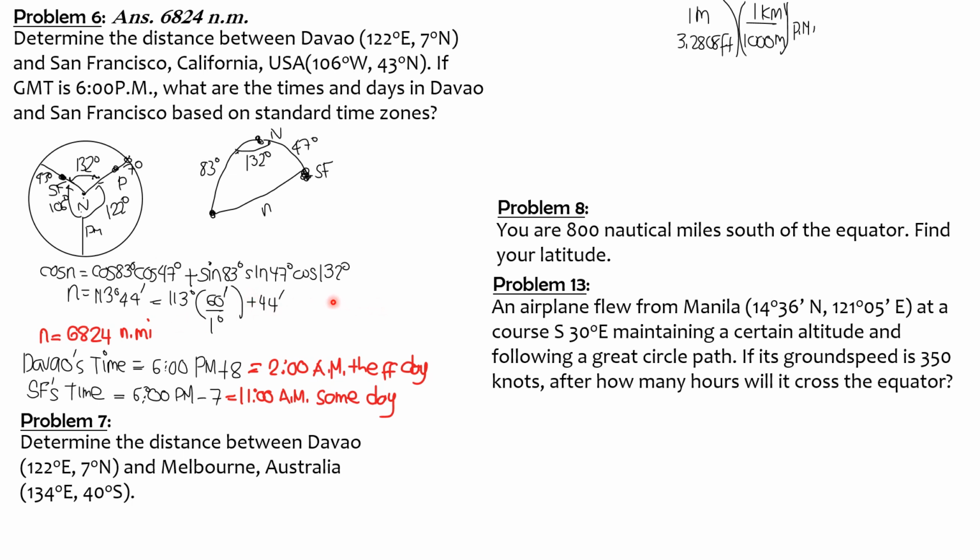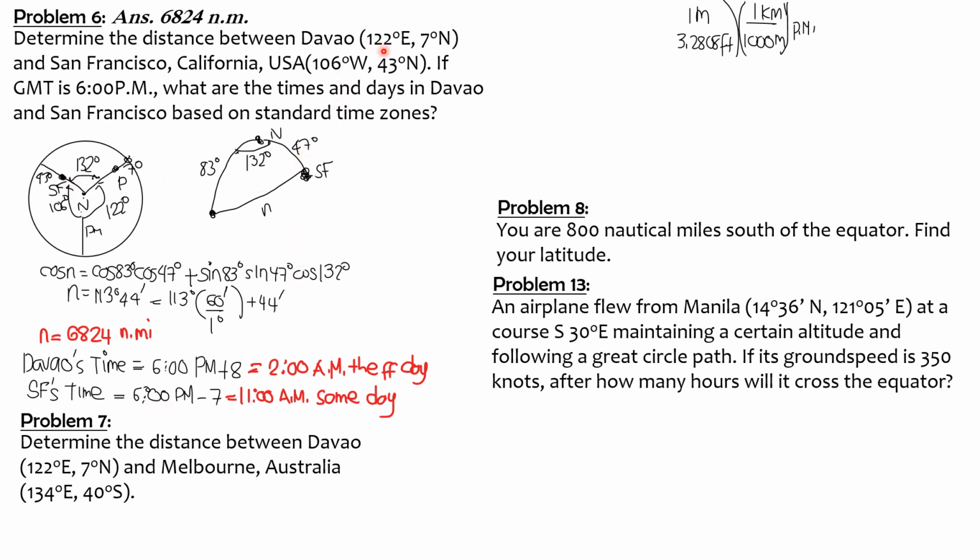And 1 minute, remember, is also a nautical mile for the terrestrial sphere. So n, the distance between Davao and San Francisco, is 6,824 nautical miles.